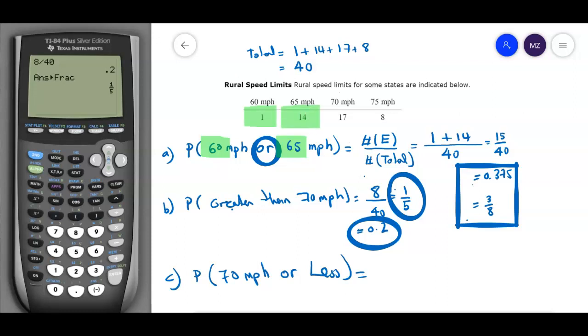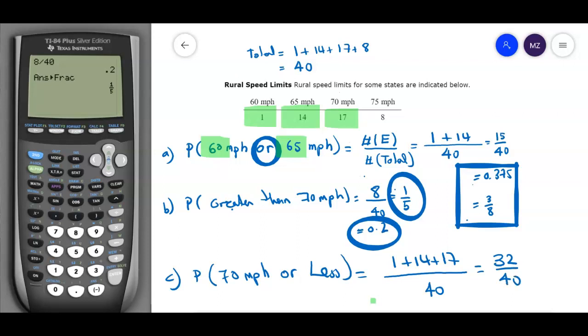14 states are 65, that's good, and 17 states are 70, which is good as well. So the event E that you're looking for is 1 plus 14 plus 17, and of course you divide it by the total, which is 40. If I do all the calculations, this is going to be 32 over 40.